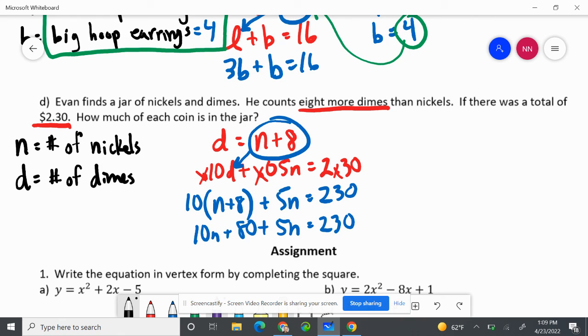So when I look at this, I'm going to combine the like terms, and that gives me 15n is equal to, and if I subtract the 80, that right there gives me 250. Then I'm going to divide it by 15.